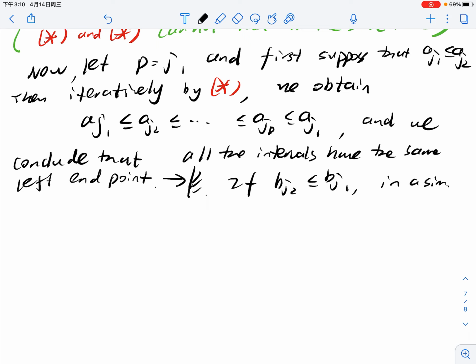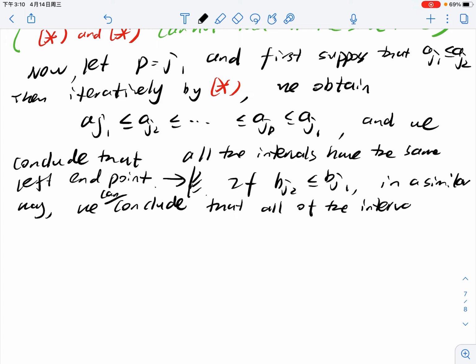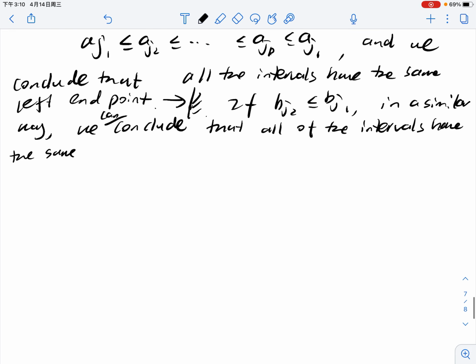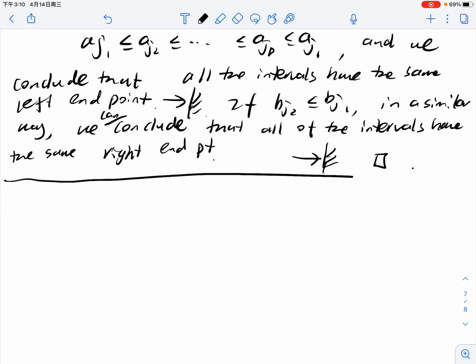In a similar way, we can conclude that all of the intervals have the same right endpoint. It's also a contradiction. So we are done.